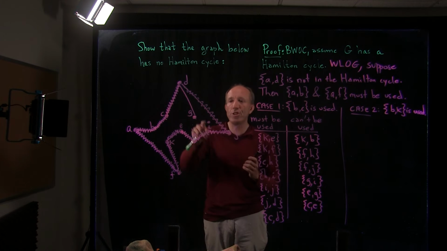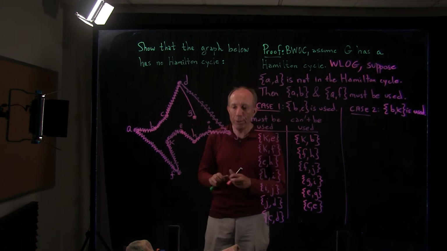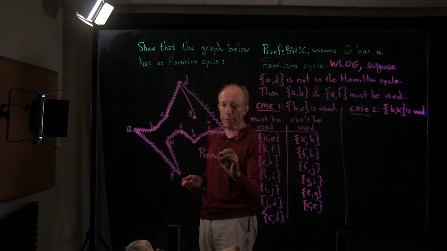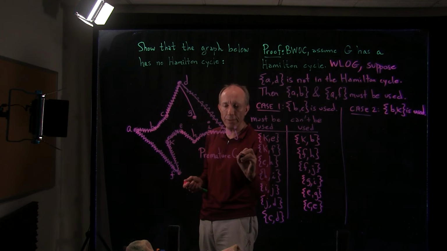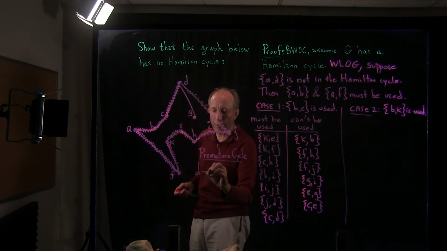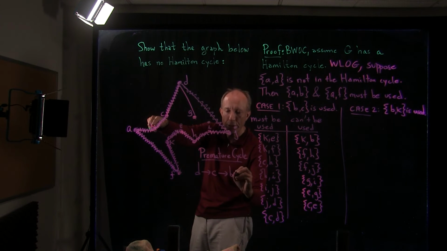Notice that vertex G is not part of the cycle. So we have a premature cycle. And I think it's helpful to write down what that cycle is. Just anywhere you want to start here. I'll start with D up at the top. It goes to C. It also doesn't matter what direction you go.